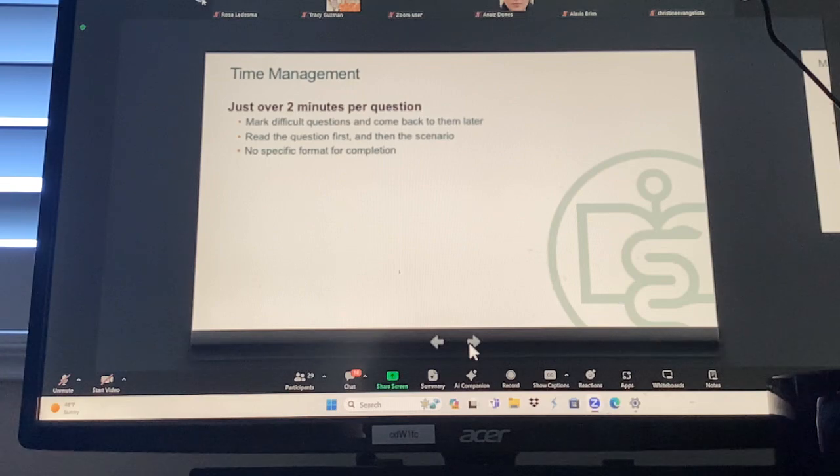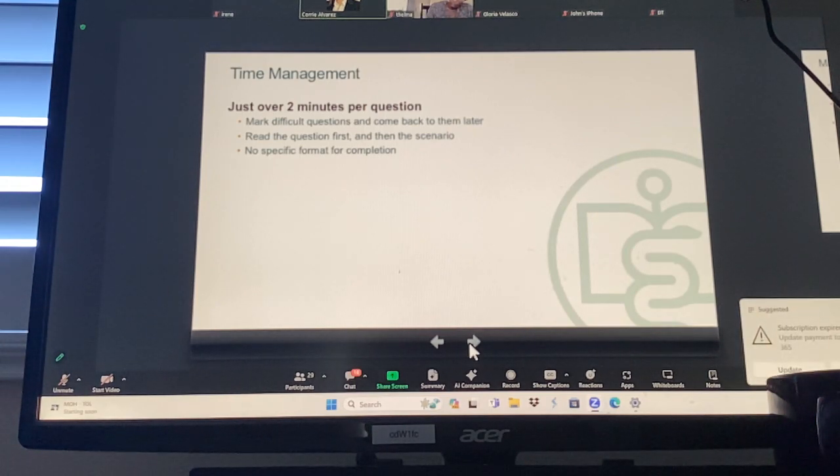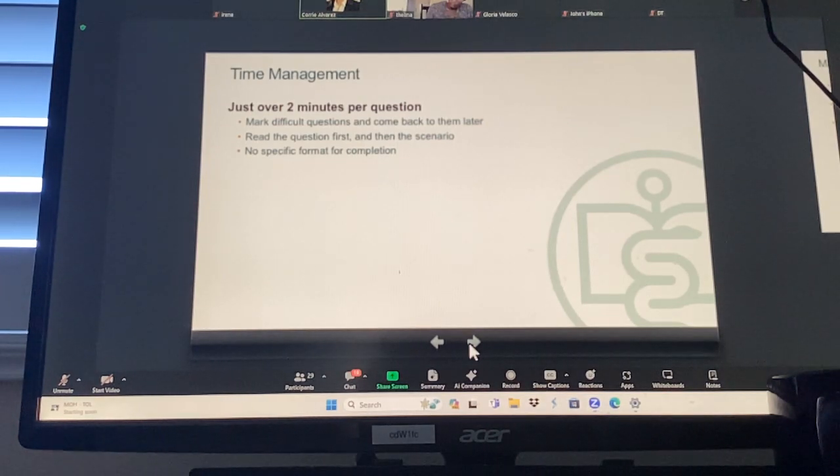You can take a few seconds and look through. Maybe you want to do the cases first. The idea is that you want to do the quick questions first if you possibly can. But that can backfire, because if you're reading the whole question and then deciding you don't want to answer it, you're going to read that question again.